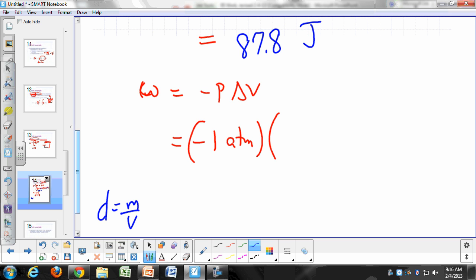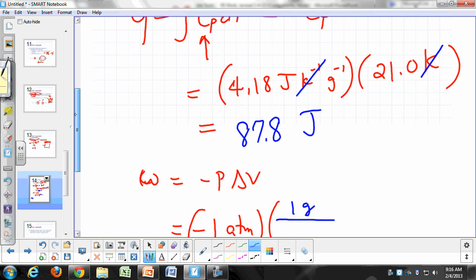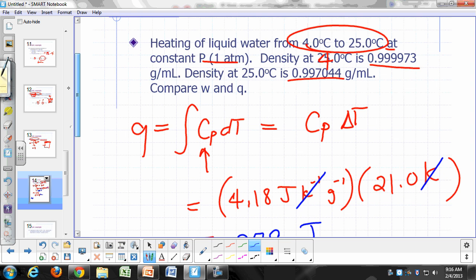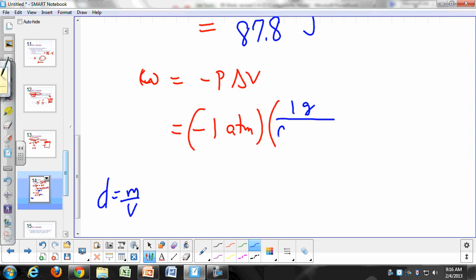So how do I solve for volume? M over D, right? So 1 gram, we'll take 1 gram as exact, over our final density, which is 0.997044 grams per mil.